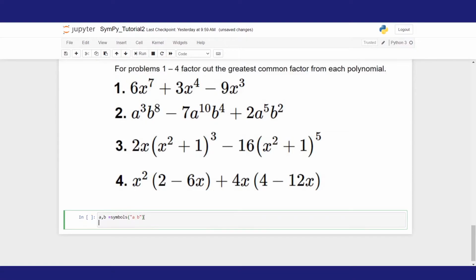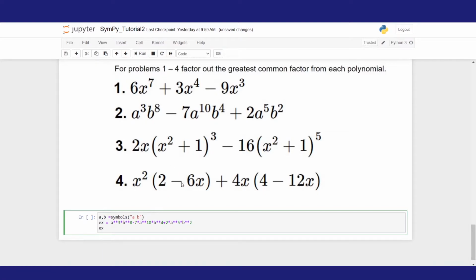So with this, I'm going to say x as my expression, which is equal to a to the power 3, times b to the power 8, minus 7 times a to the power 10, times b to the power 4, plus 2 times a to the power 5, times b to the power 2. And this is our expression.